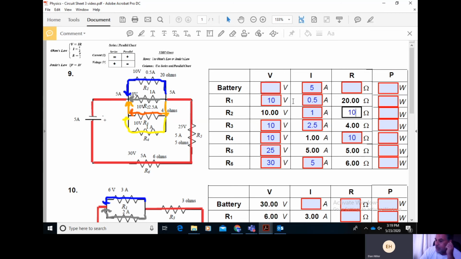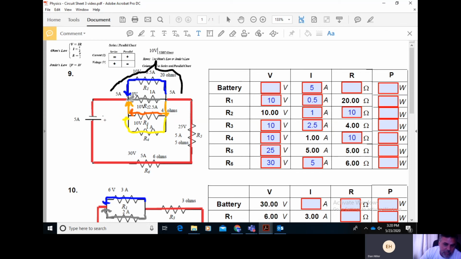Now we got to figure out the battery voltage. Well, we know that whatever voltage we have is going to be subtracting 30 volts, 25 volts, and whatever the voltage across this chunk. The voltage across this whole bit here, from here to here, is 10 volts. It doesn't matter that there's 4 resistors in parallel.